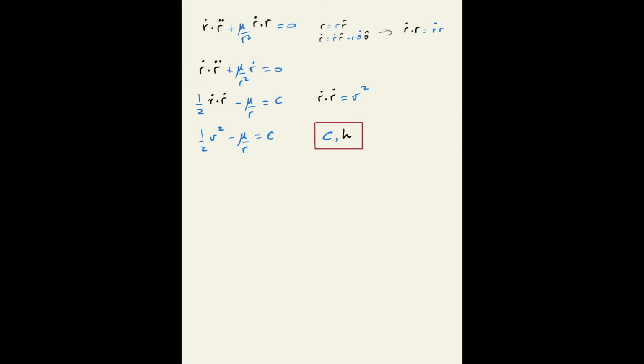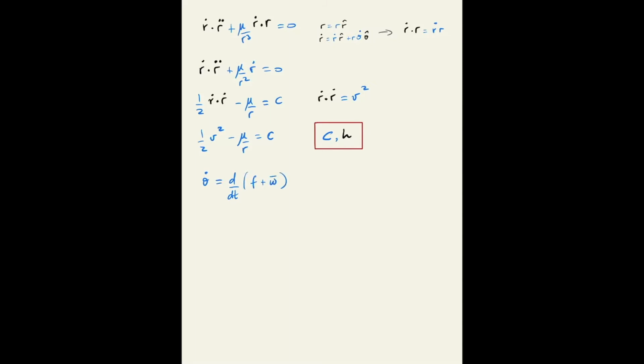Now we can derive an expression for c, the energy integral, by finding another expression for v squared. First, we realize that because the argument of pericenter is fixed, theta dot is equal to the derivative of the true anomaly plus the argument of pericenter.